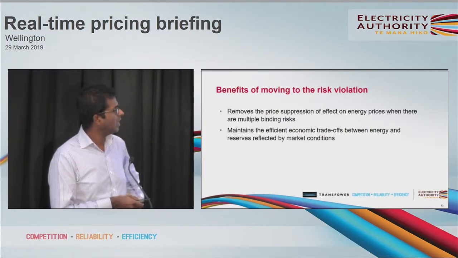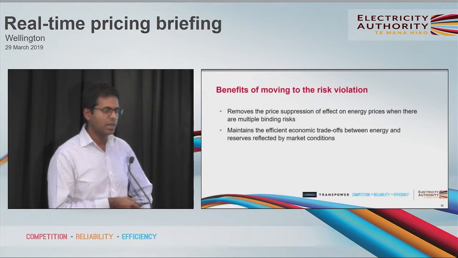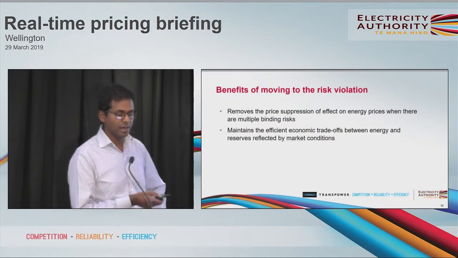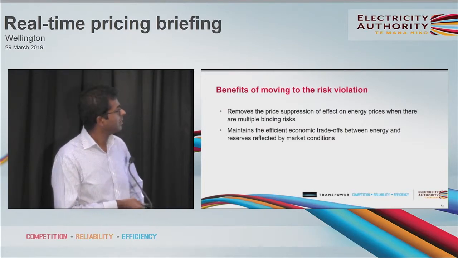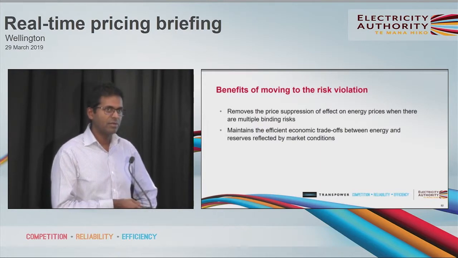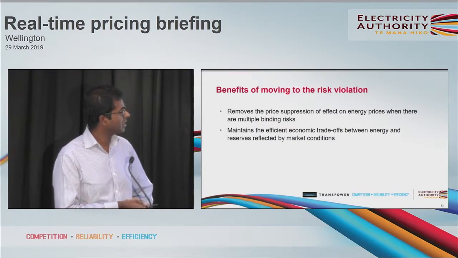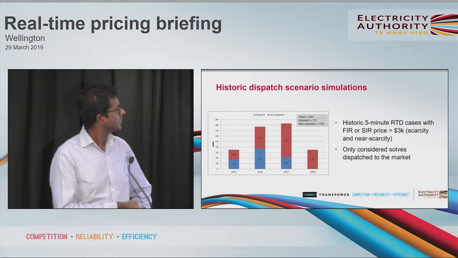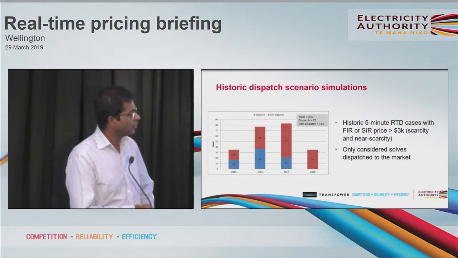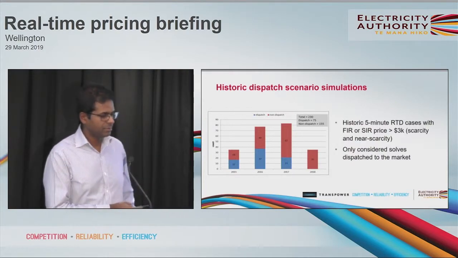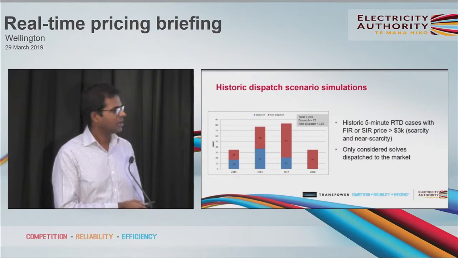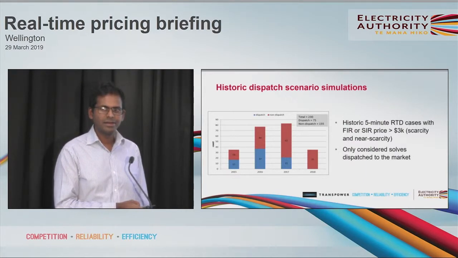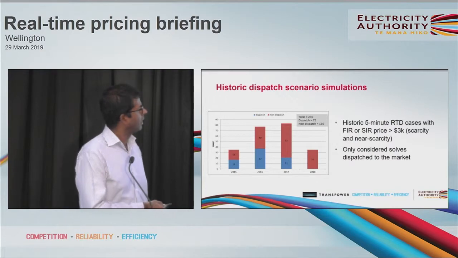So if energy is worth more than or at least the same as reserve, or alternatively, reserve valued more than energy, then it comes through in the relative prices. Are there any questions about the examples? Okay.